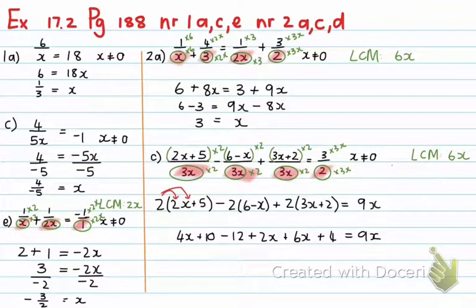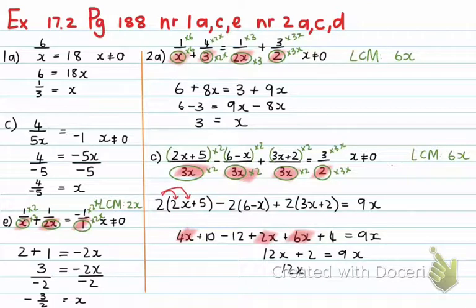Okay, so on the left hand side I'm first going to simplify all the like terms. Here we have a 4x plus 2x plus another 6x, and that's going to give me 12x. Then we have a 10 minus 12, which is negative 2, plus 4, which is a positive 2. Alright, and now I get all the like terms on the same side.